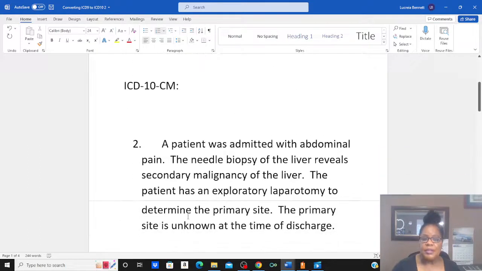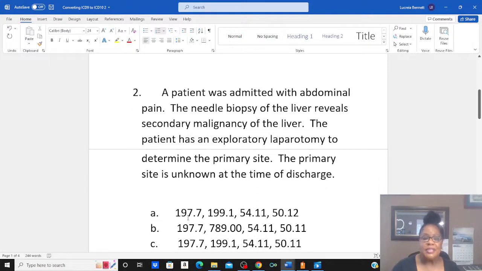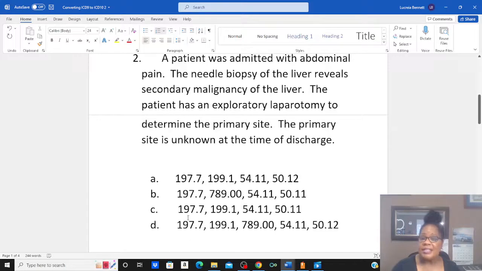Number 2, a patient was admitted with abdominal pain. The needle biopsy of the liver reveals secondary malignancy of the liver. The patient has an exploratory laparotomy to determine the primary site. The primary site is unknown at the time of discharge.